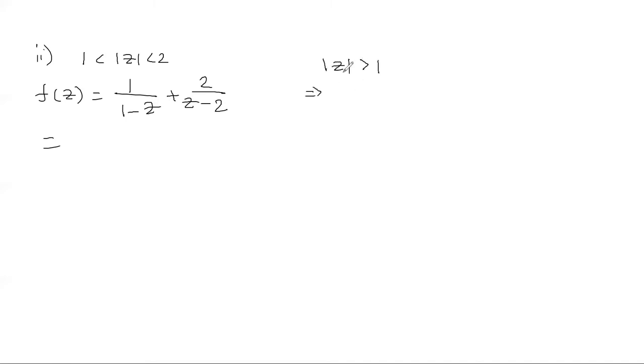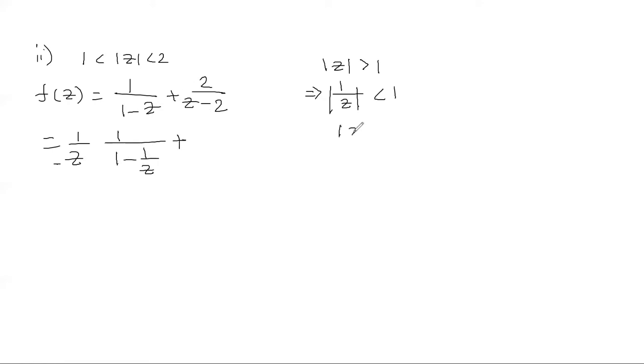So here we can see 1 by mod z is strictly less than 1. So we have to make it 1 by mod z. So let us take z out here. In that case, you will get 1 by z times (1 minus 1 by z), with a minus sign taken from z.